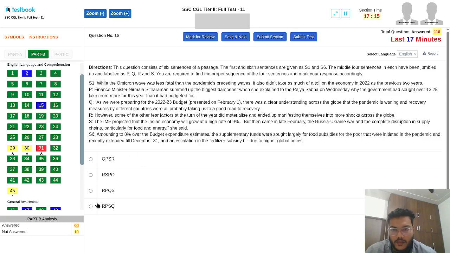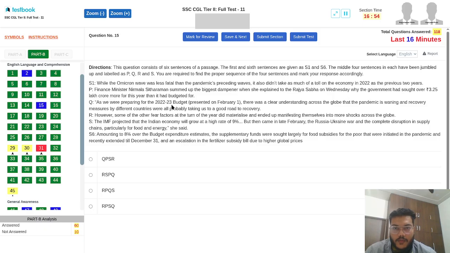Q से स्टार्ट नहीं होगा, R से ही होगा। However, some of the other fear factors at the turn of the year did materialize and ended up manifesting themselves into more shocks across the globe. The Finance Minister summed up the biggest dampener when she explained to the Assembly why the government has sought more for this year than it had budgeted for.